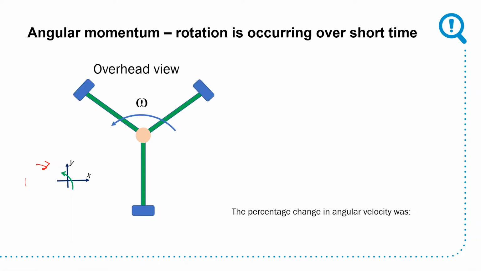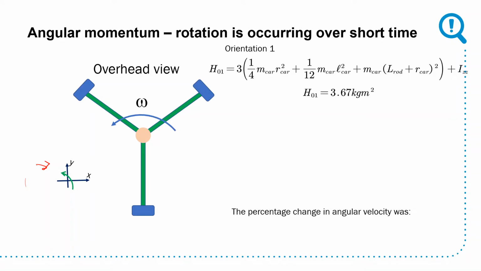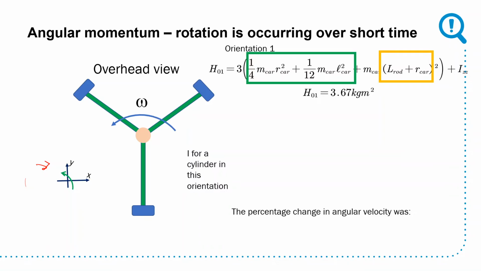So in position A, I have h naught 1, which is 3 cars times the moment of inertia of each of the cars plus the parallel axis theorem in order to get the final moment of inertia for the system. I also have added into this IZZ, which was given at the beginning of the problem because that's part of it.